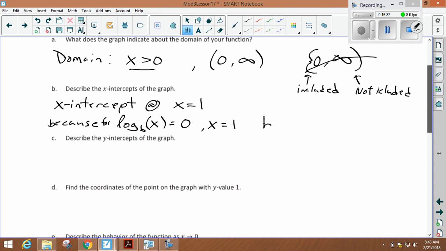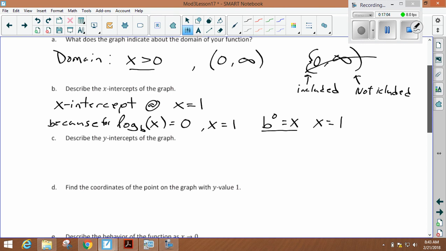Because we could rewrite that as b to the 0 equals x. And the only solution to this for x is x equals 1. Right? No matter what b is, for this particular equation, x is always going to be equal to 1. No matter what b is. Just anything to the 0 power is 1. Yeah, I'm just showing you a lot of different approaches, a lot of different ways to look at these things.